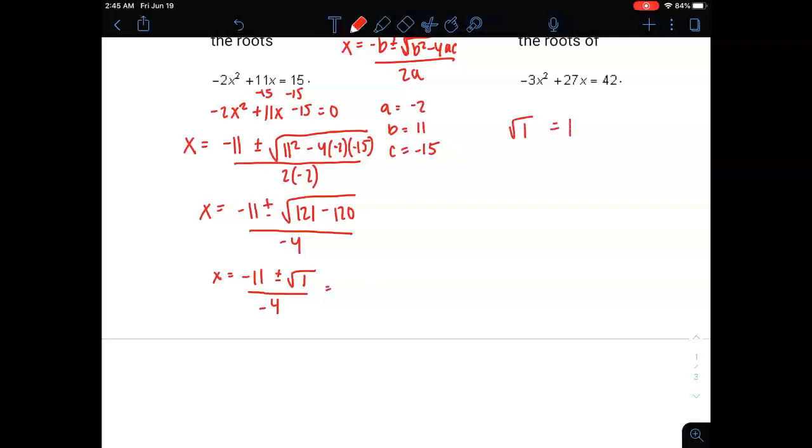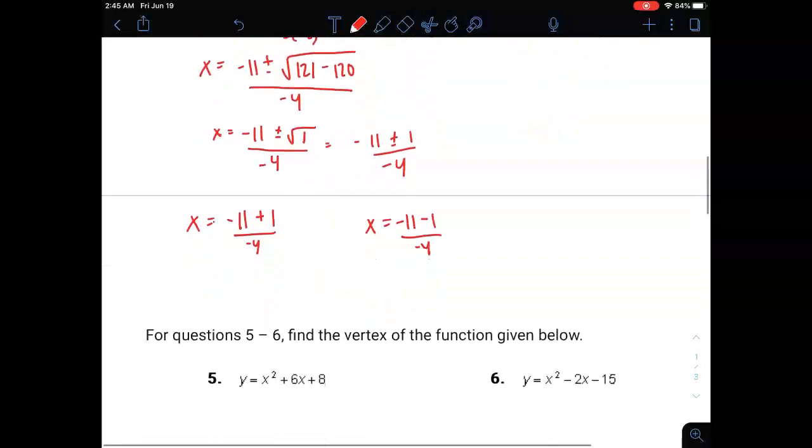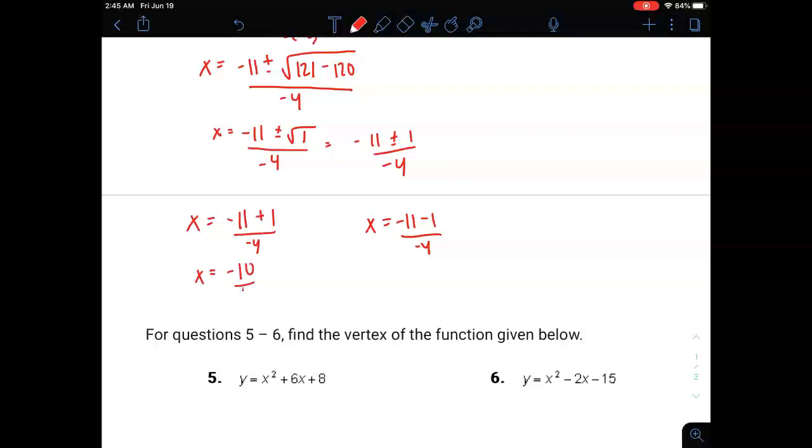So again, this is like saying negative 11 plus or minus 1, over negative 4. So I've got the positive version that I've got to do, and I've got the negative version. So plus 1 divided by negative 4, and x equals negative 11 minus 1 over negative 4. Last couple of steps here. I know this is drawn out, but I want to make sure that I'm fully explaining myself.